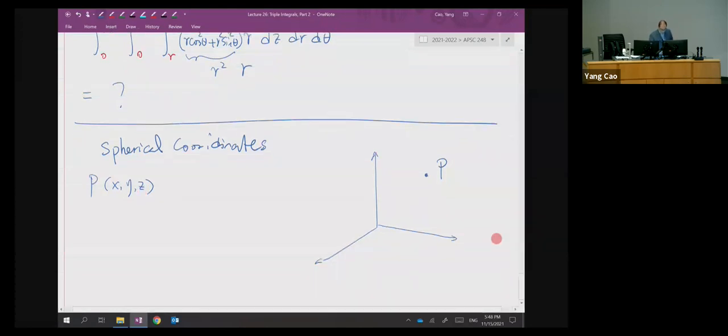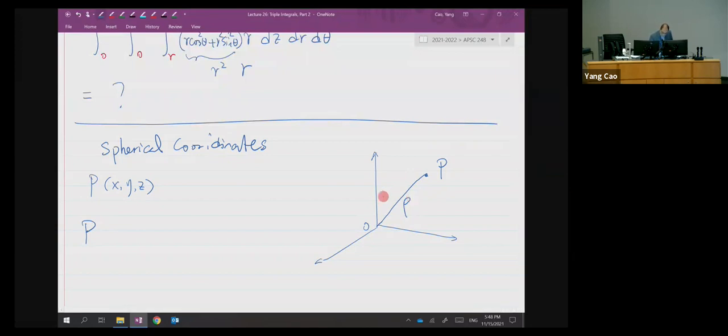Just like Cartesian x, y, z, for spherical coordinates we define 3 new variables. Number 1, you create a line between the origin and point P, and we call that rho, the Greek letter rho.